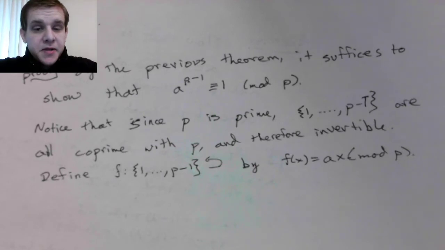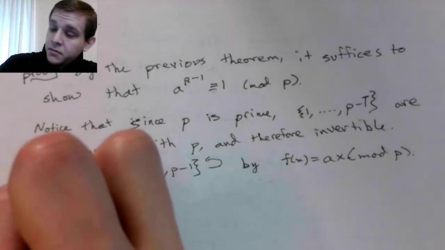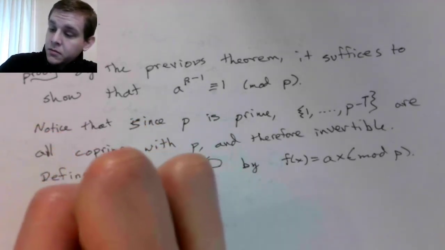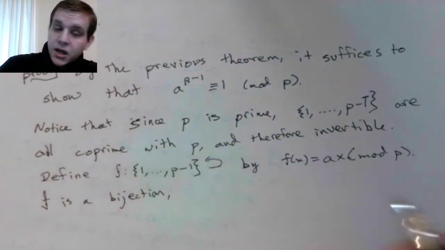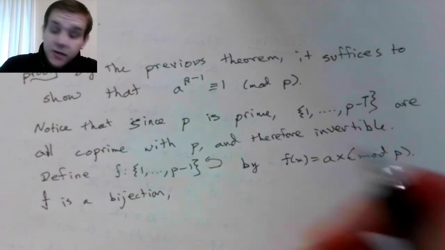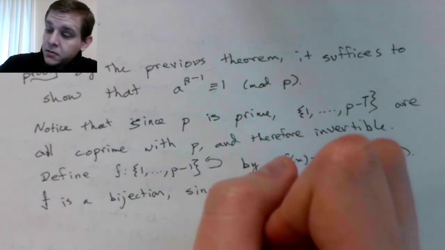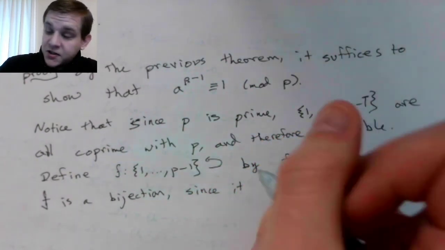So the claim is that f is a bijection. And it's exactly because it has an inverse. And in fact, it's a two-sided inverse.